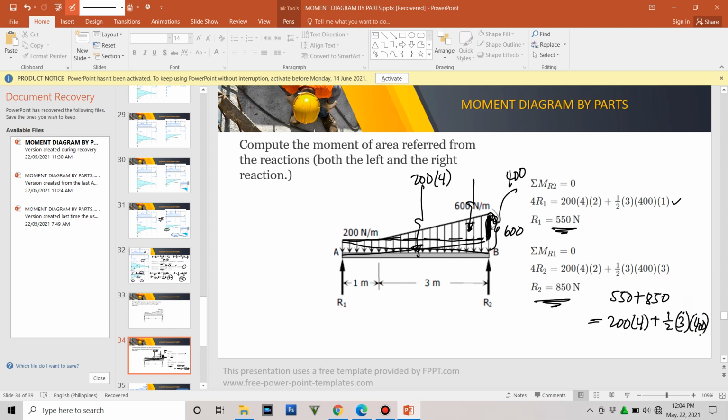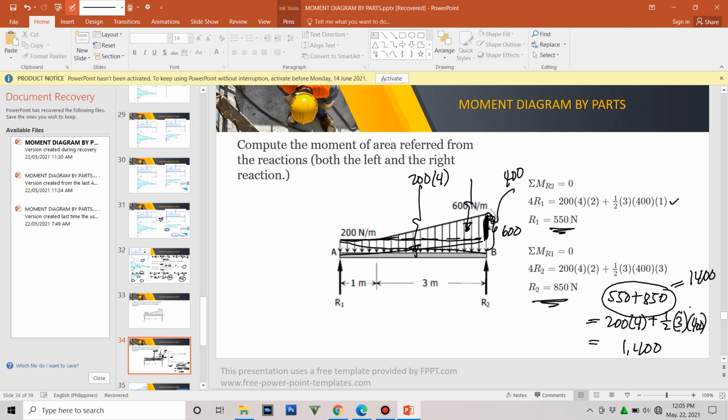Okay. So, ito, 1/2 divided by 2, 600 yan, plus 800. 600 plus 800, 1,400 yan. So, ito ba, 1,400 din? Yes, this is equal to 1,400. Also, it really yielded to 0. So, meaning, we are ensured that summation forces vertical will be equal to 0.